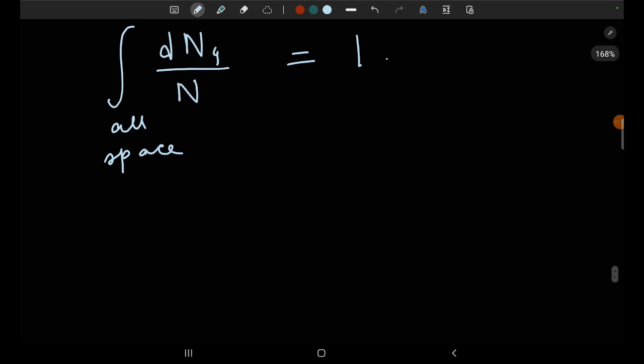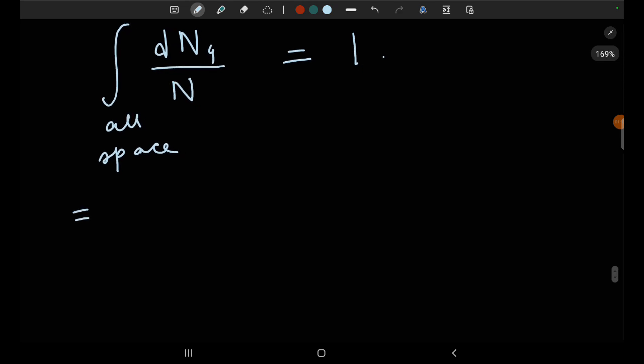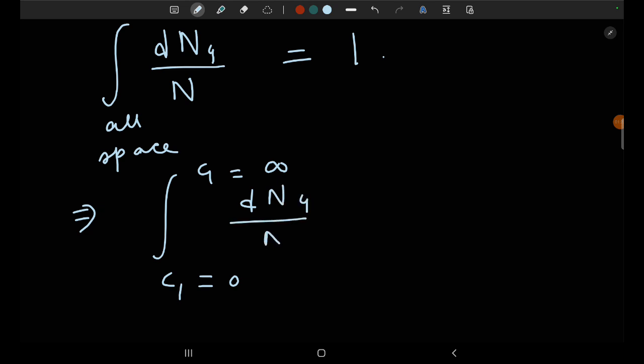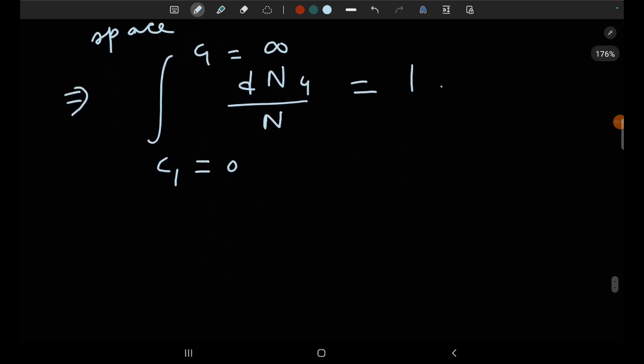So if we have a normalized distribution, this integration should be from c1 equal to 0 to c1 equal to infinity. Why? Because 0 and infinity are the range of values of the speed that the molecule is able to take. Speed cannot be negative, so we take it between 0 and infinity.